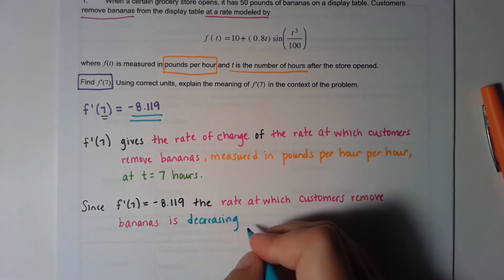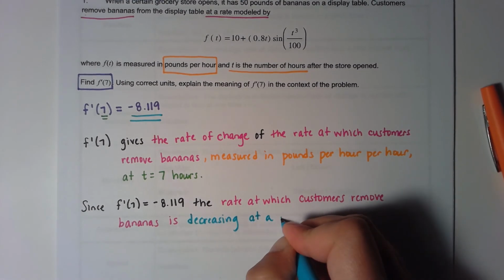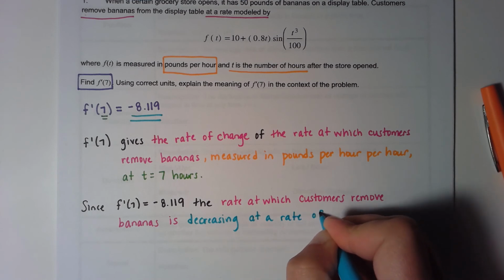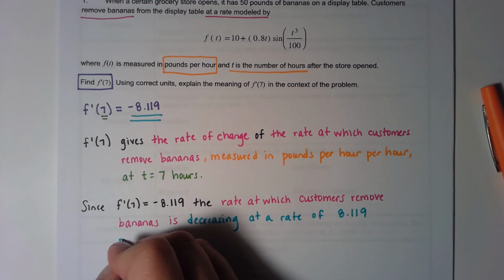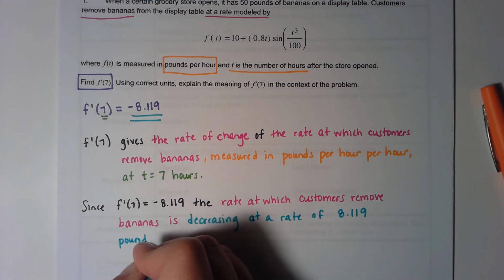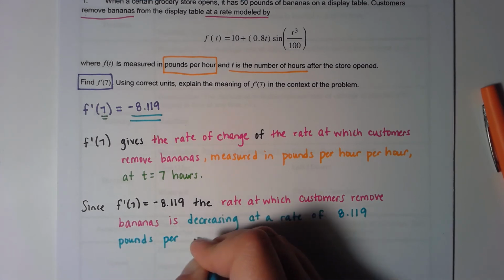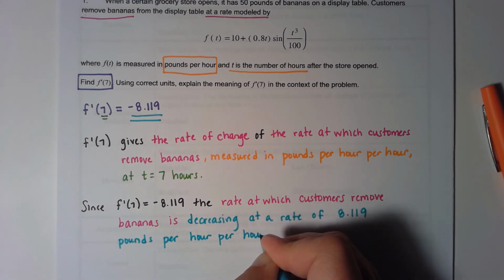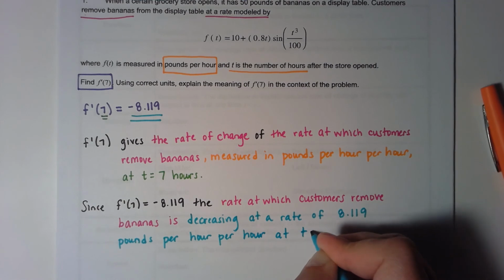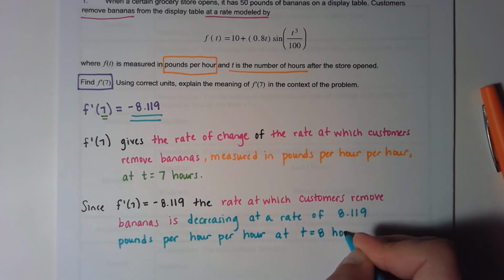And then we would say at a rate of 8.119 pounds per hour at T equals 7 hours.